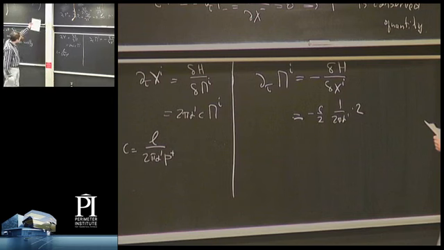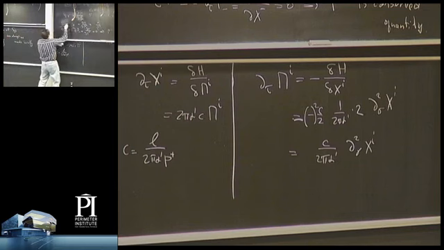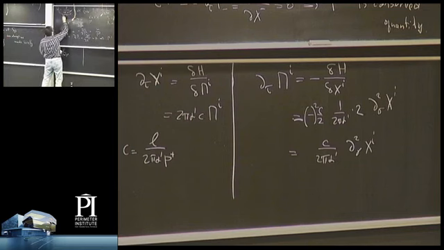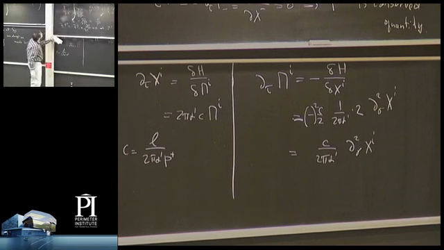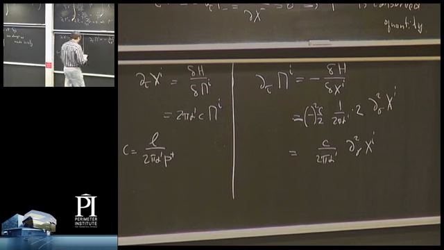Up to a factor of 2, that's a prefactor in front of the Hamiltonian. So we see c over 2. The factor of 1/2 is cancelled by the variation of p i, and we are left with 2 pi alpha prime c p i.